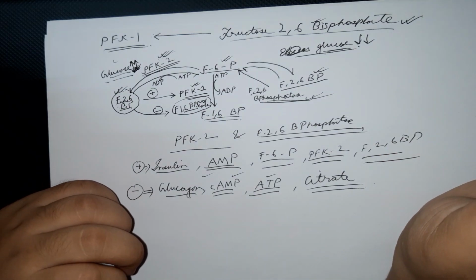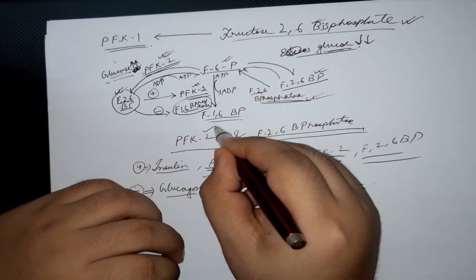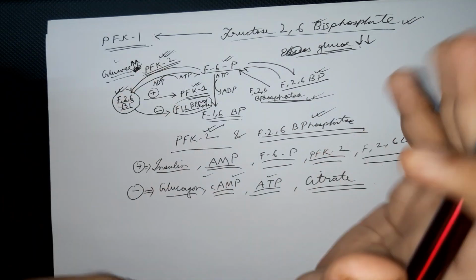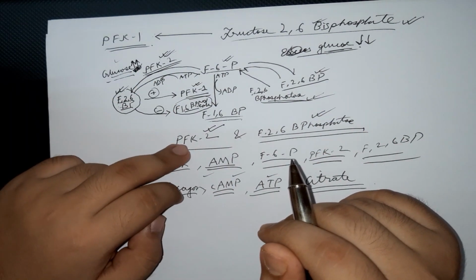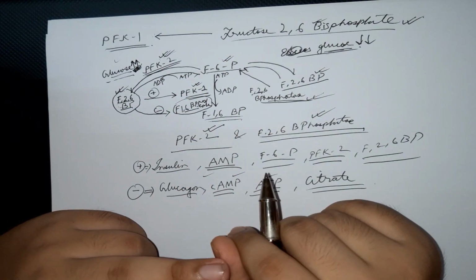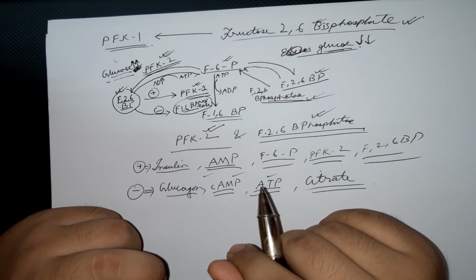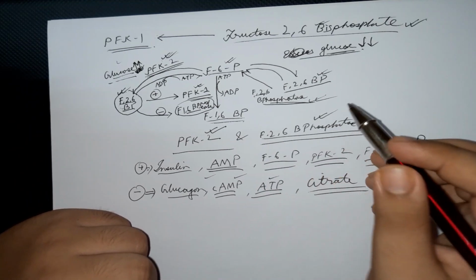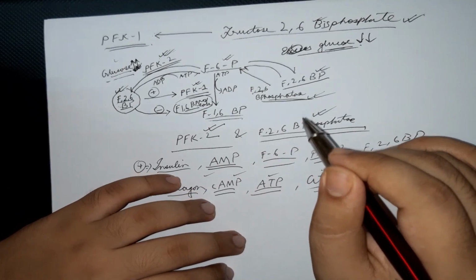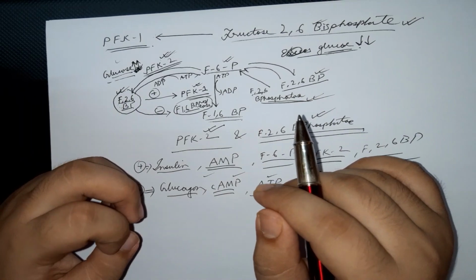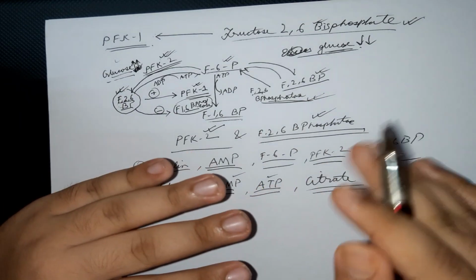That occurs when glucose concentration is low: gluconeogenesis will occur. Okay, so we can say that PFK2 and fructose 2,6-bisphosphatase are reciprocal enzymes, because PFK2 has the task of phosphorylating fructose 6-phosphate and forming fructose 2,6-bisphosphate, whereas fructose 2,6-bisphosphatase has the task of dephosphorylating fructose 2,6-bisphosphate and forming fructose 6-phosphate. So they are reciprocal, and hence they are activated in different scenarios.